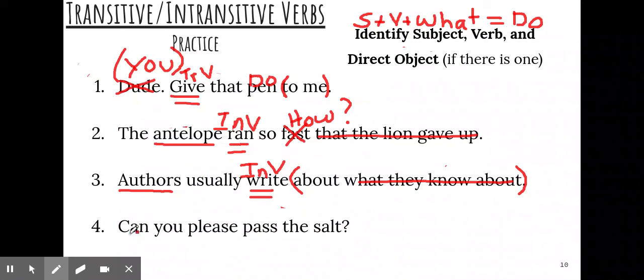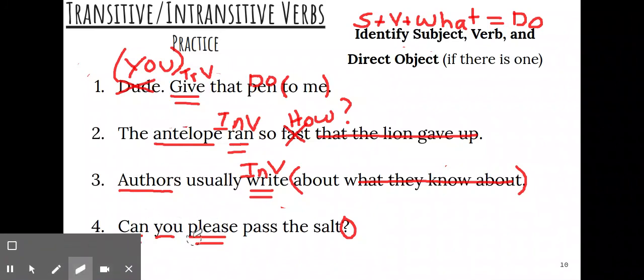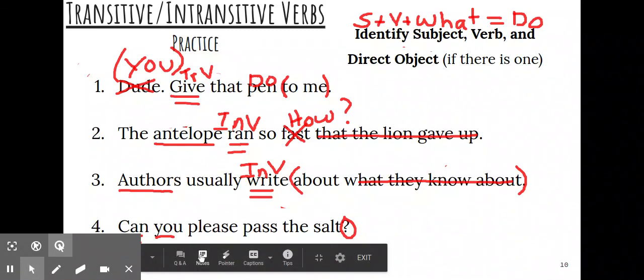And the last one, number 4, can you please pass the salt? Our subject is you. Our verb is split. It's can, please. Remember, interrogative sentence tells us that we're going to have an inverted structure. So you can, oh, sorry, not please. That's not what I meant to put there. You guys probably saw that error and noticed. Instead of please, what should it be?